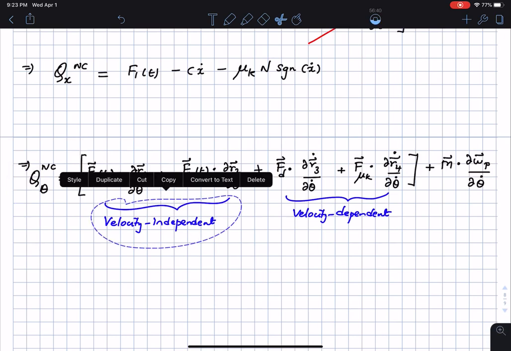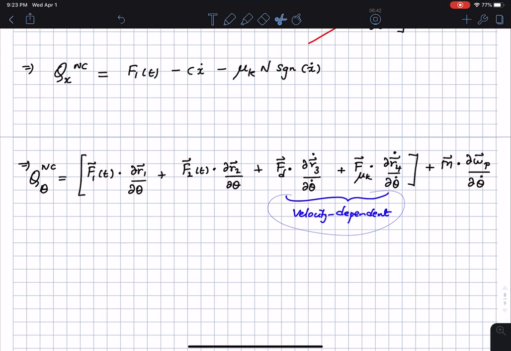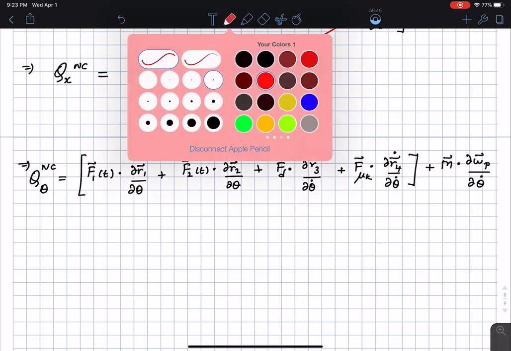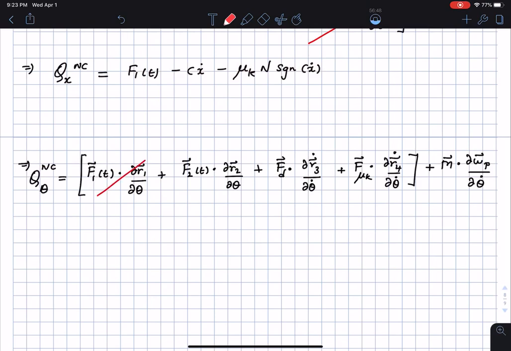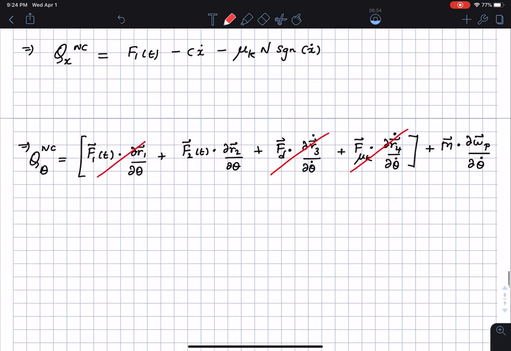We know what they are by now. And so the first thing that I'm going to get rid of is, okay, f1 is not going to act on there, fd is not going to affect our situation, f mu k is not going to affect us, which essentially means that Q theta nc is going to be f2 times L sine theta plus m of t.